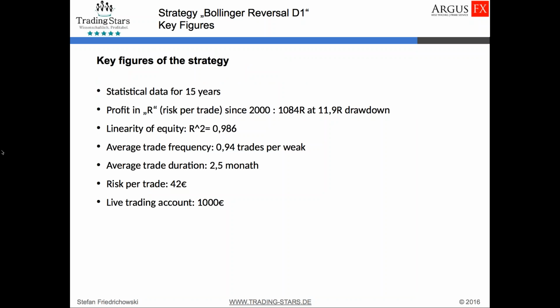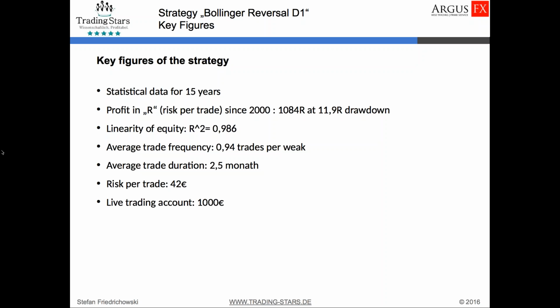Of course, we have key figures for this strategy because we derived it from a history of about 15 years. And we know exactly what has happened within these 15 years for all 21 forex pairs. We can calculate the total amount of profit in terms of R, which is the risk per trade.